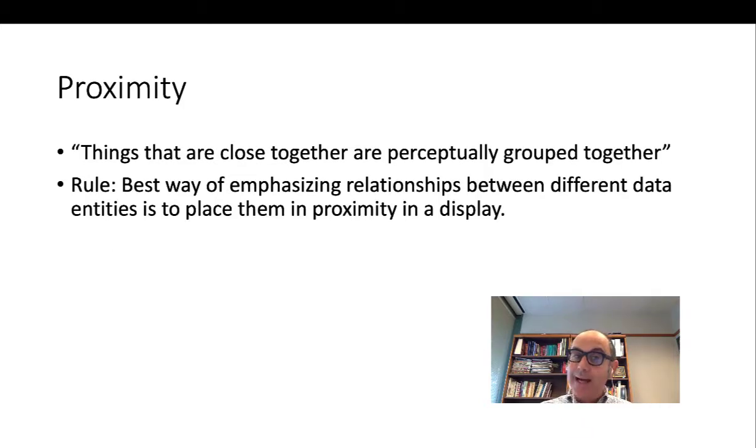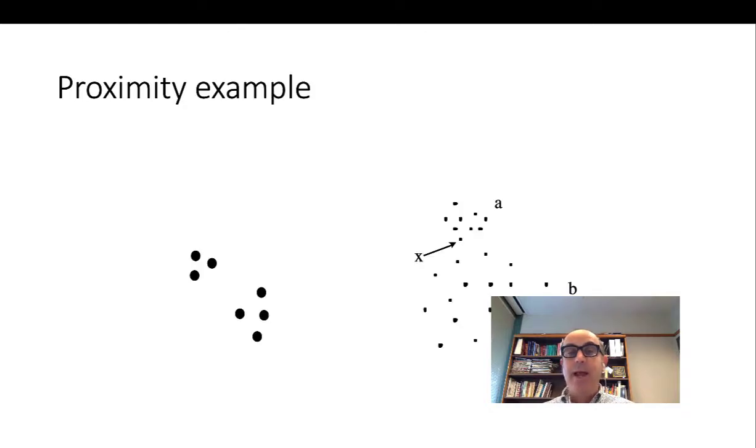In that context, they came up with proximity. The things that we see together or grouped together make more sense. So they came up with the idea that the best way to emphasize relationship between different data entities is to place them approximately in a display.